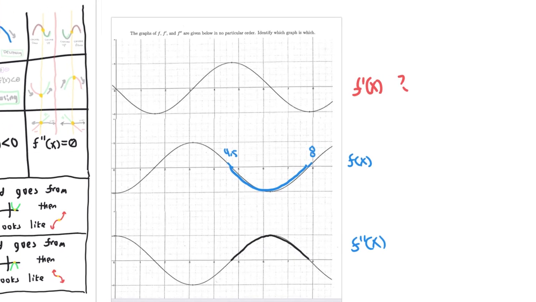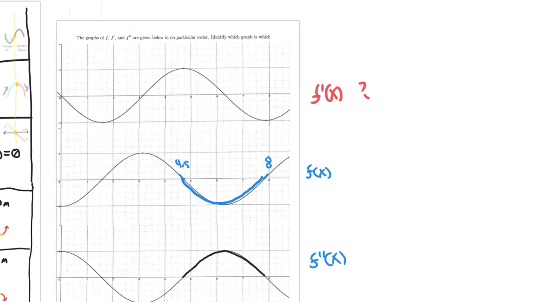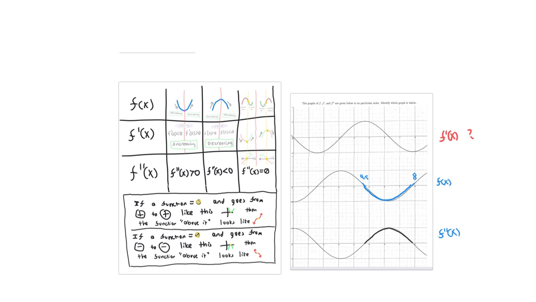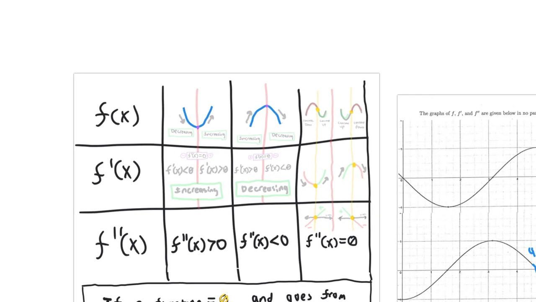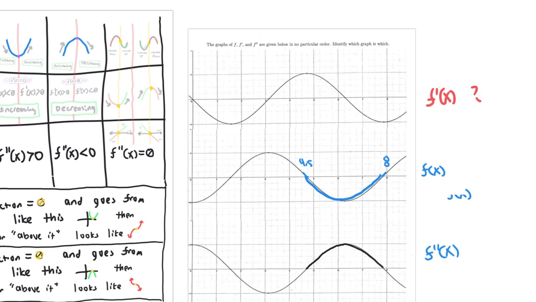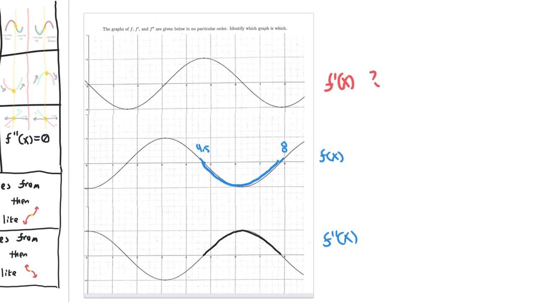So we know that when the slope of f of x is increasing, f prime of x is above the x-axis. So the slope of f of x, if this is indeed f of x, is increasing here.